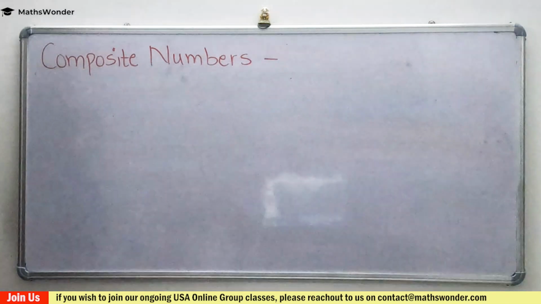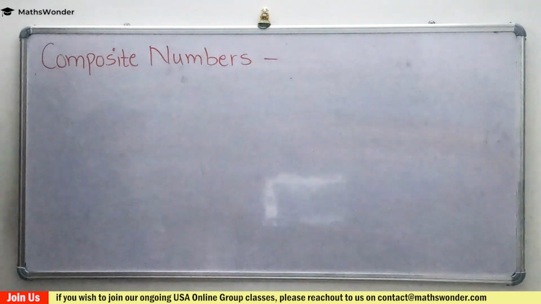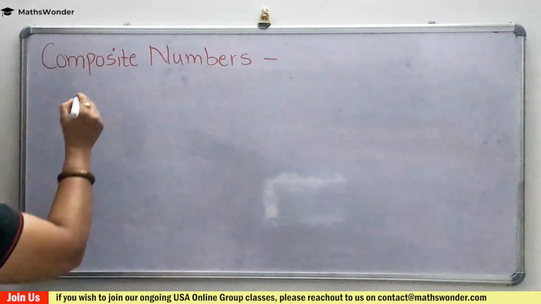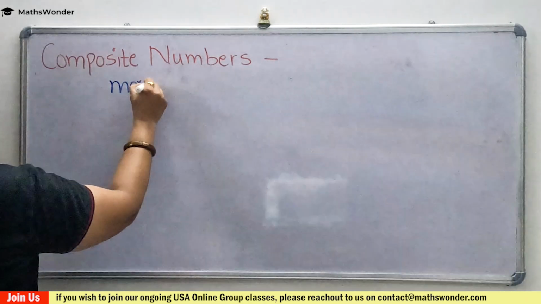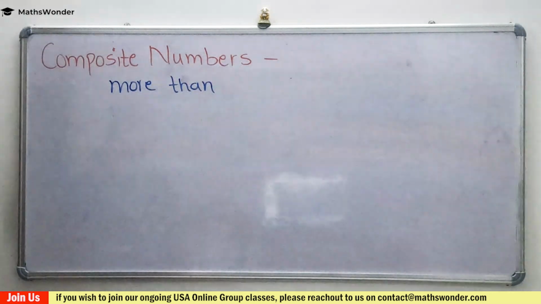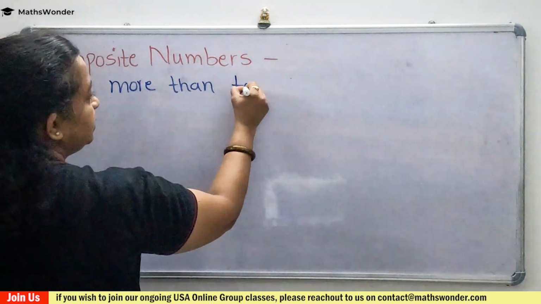A natural number is called a composite number if it has at least one factor other than 1 and the number itself.